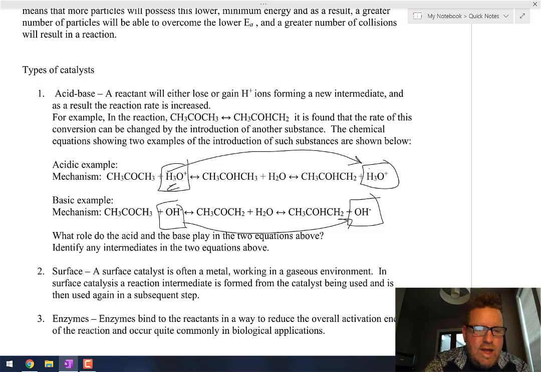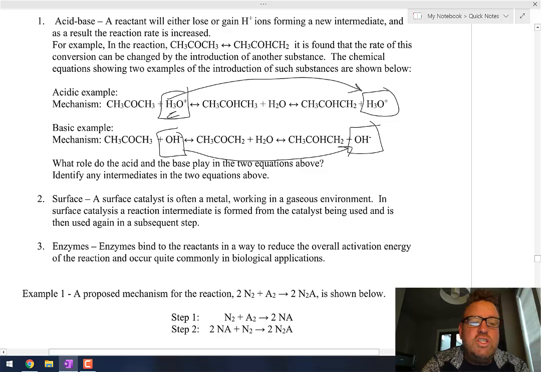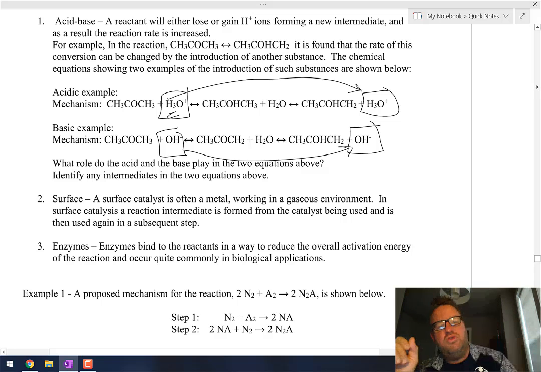And then, you can also have what are called surface catalysts. A surface catalyst is one where, like inside the muffler of your car, you have a thing called a catalytic converter, which is basically just a piece of metal. And as the gases travel over it, that metal acts as a catalyst.